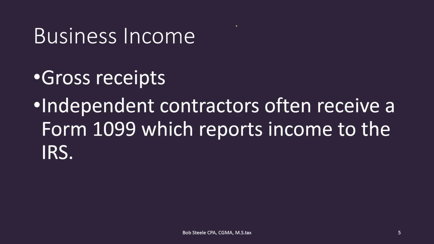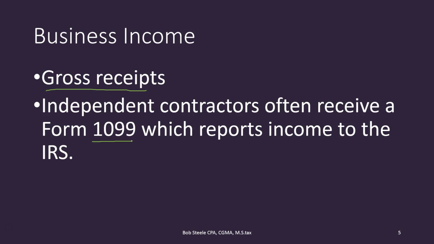We're going to report it to the individual, but that 1099 also means we reported it to the IRS. Therefore, if the gross receipts that you report on the Schedule C are less than the amount of the added 1099s that were reported to the IRS, then it's likely that you'll get audited because that's an inconsistency.